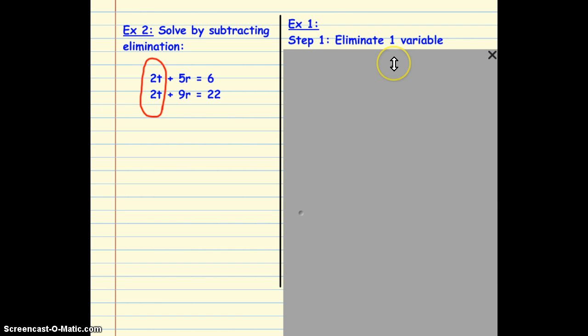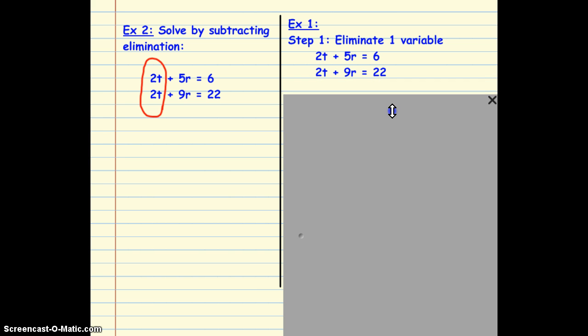And our 5 steps are exactly the same for adding and subtracting, except in our first step, when we're going to eliminate one variable, we are going to subtract. And when we subtract, I like to go through and put a subtraction line next to every single number on the bottom equation.